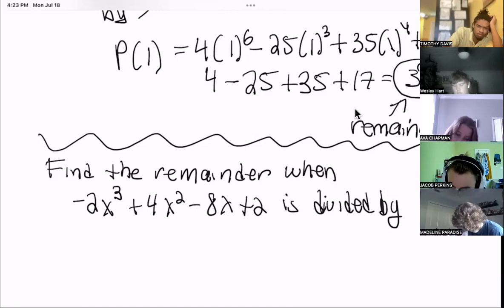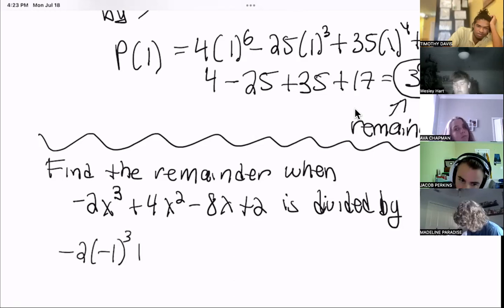All I want is a remainder. I'm going to take what I would have divided by synthetically, I would have divided by negative 1, and I'm going to put negative 1 in for all my x's.